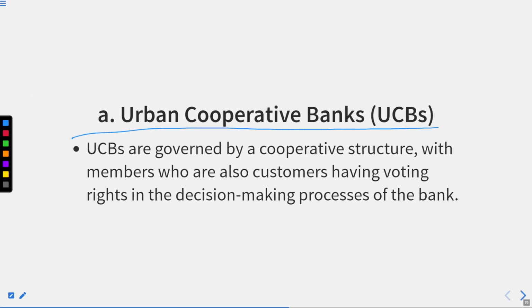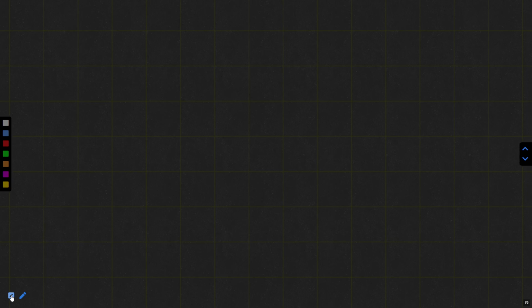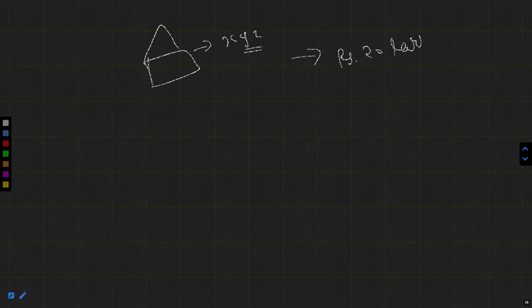Thereafter, UCBs are governed by a cooperative structure with members who are also customers having voting rights in the decision making process of the bank. If we go by this, then what we have observed is that the XYZ was established with rupees 20 lakhs capital, right?